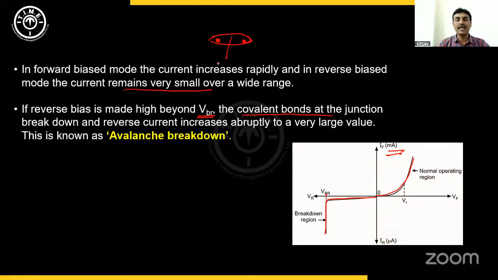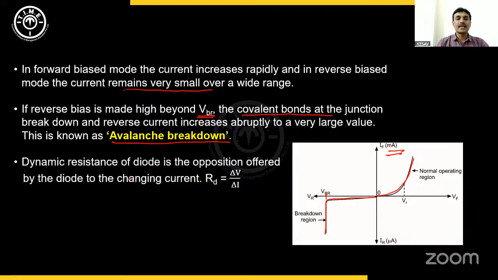If this bond breaks, we get more and more free electrons available, so it leads to abrupt increase in current. So the covalent bonds at the junction break down and reverse current increases abruptly to a very large value. This process is called avalanche breakdown. This avalanche breakdown is due to breaking of the covalent bonds near the junction.